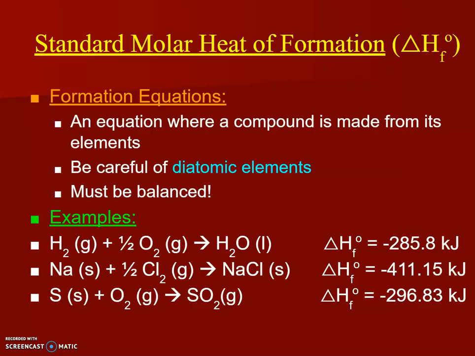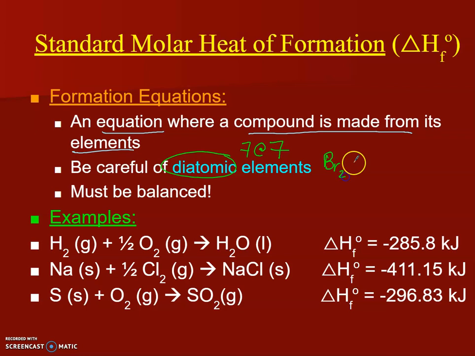All right, so what are we going to look for when we are doing our heat of formation equations? Basically, what we're looking for is an equation where a compound is made from its elements. So we have to be careful on how we represent our elements, because remember, we have 7 diatomic elements that we need to know. They are Brinkelhoff.